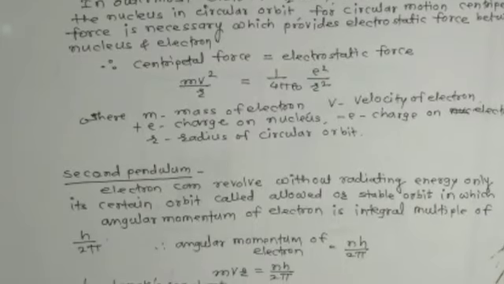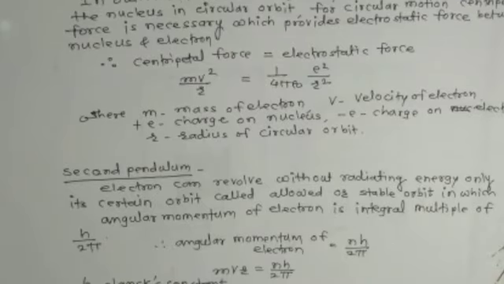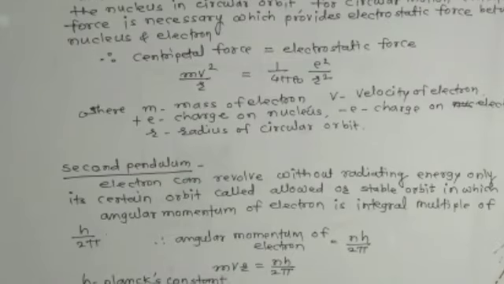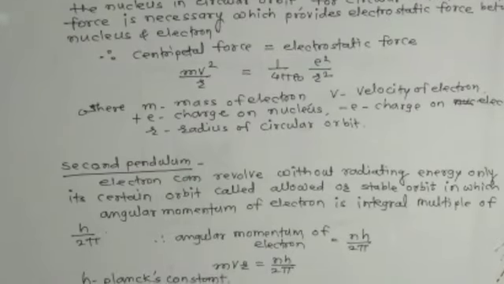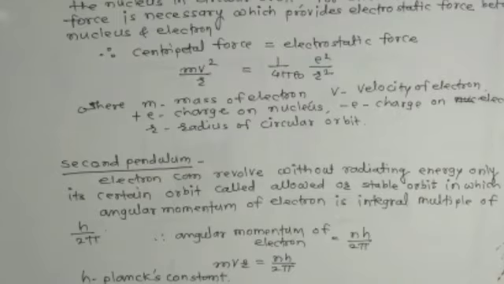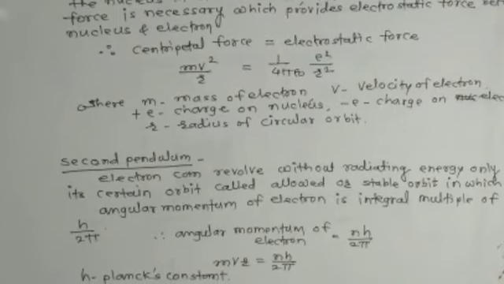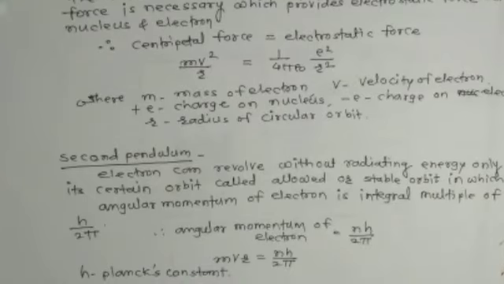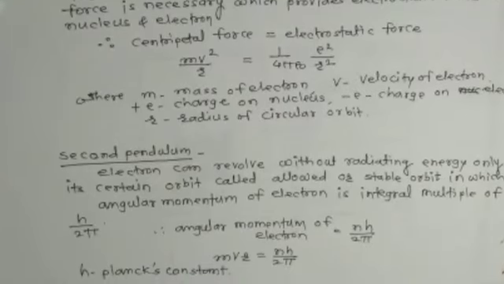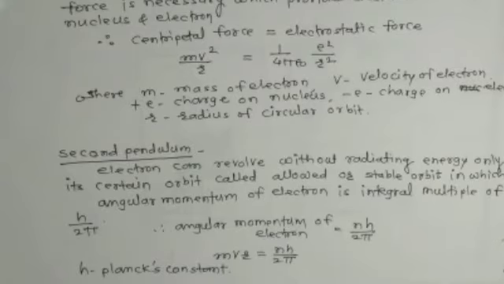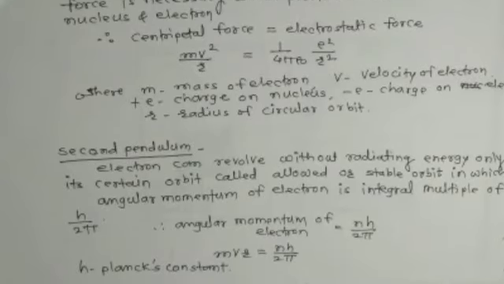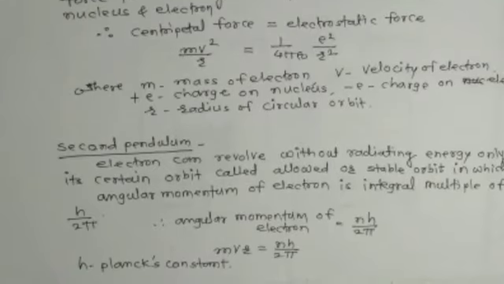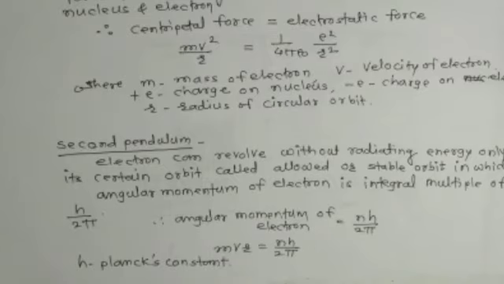Second postulate, the electron can revolve without radiating energy only in certain orbits, called allowed or stable orbits, in which the angular momentum of the electron is an integral multiple of h upon 2 pi. Therefore, angular momentum of the electron is equal to nh upon 2 pi, where h is Planck's constant.